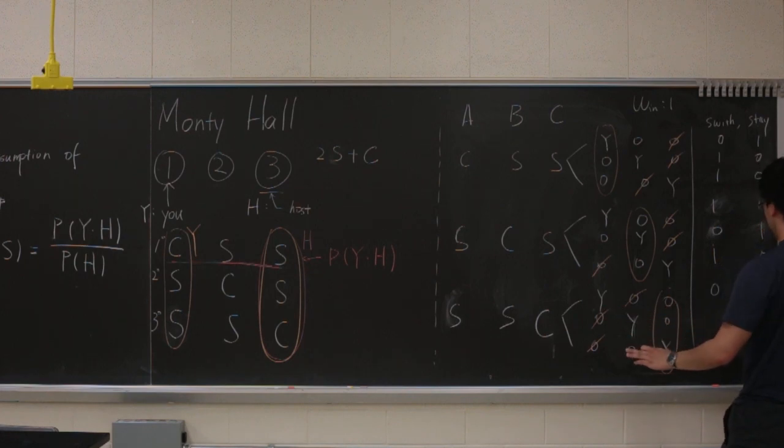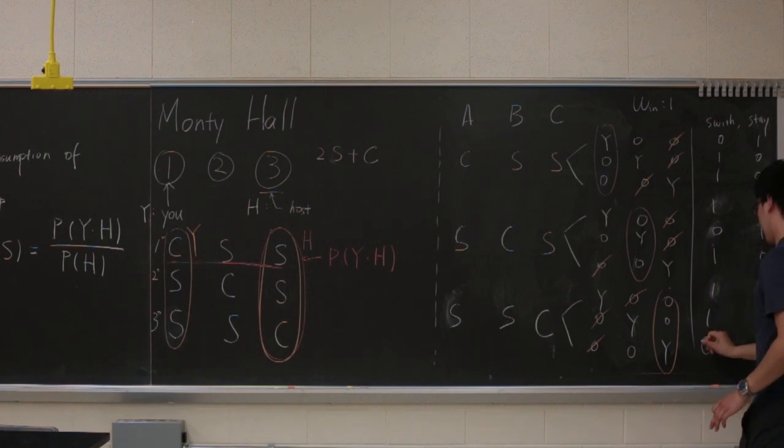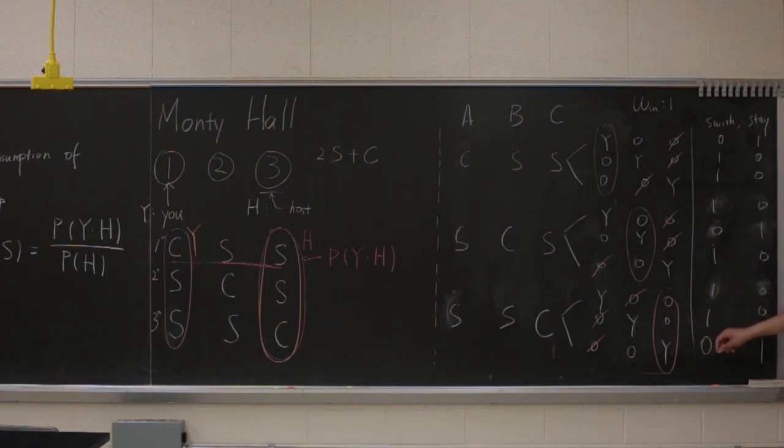Oh sorry, switch gets the car, switch gets the car, stay doesn't get the car. As you can see, for each scenario, if you switch, you have 2 ways of getting the car.